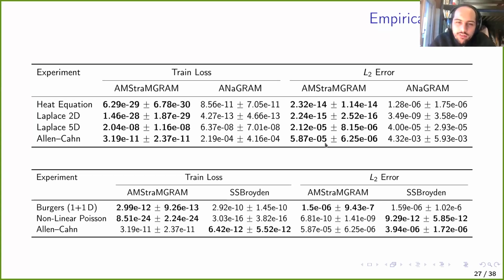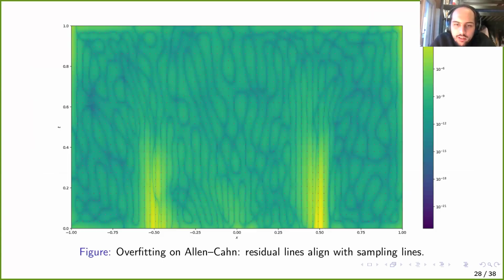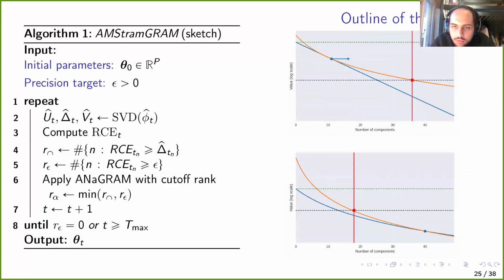I don't think the overfitting comes from that, because in the new version, AMStraMGRAM, we really have a precision target, so we take into account all the signal we need to reach the prescribed precision.